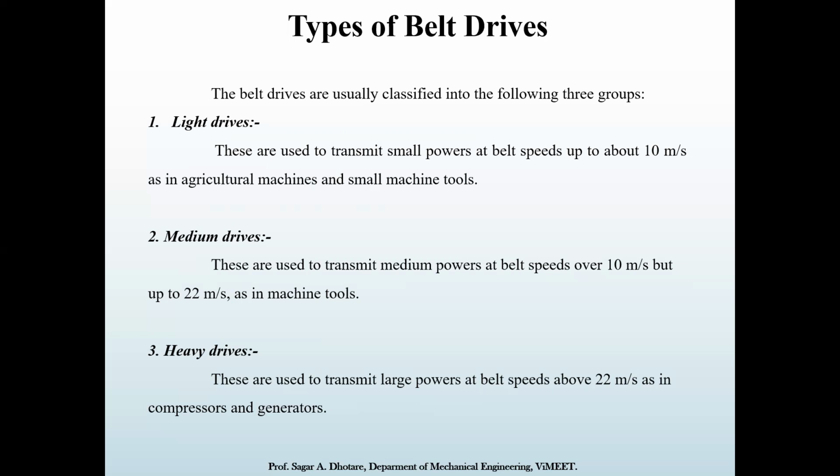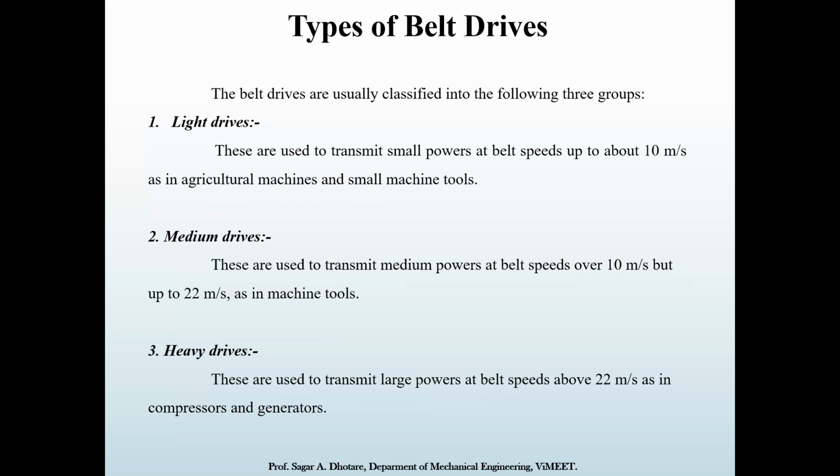These are used to transmit small power at a belt speed of up to 10 meters per second, in agricultural machines or small machine tools. Here we have given the range as well as the applications.